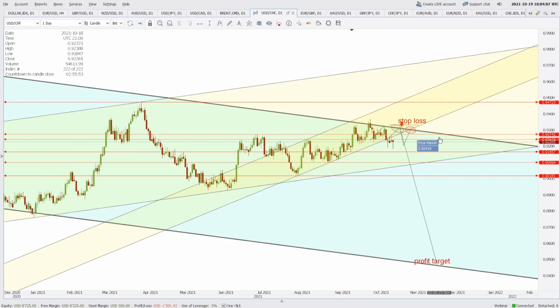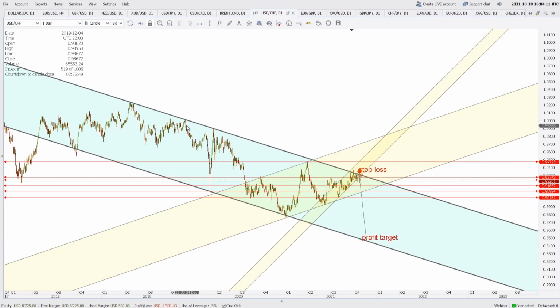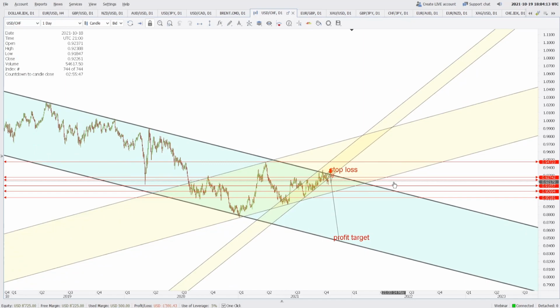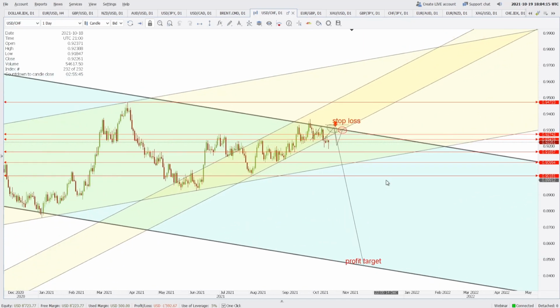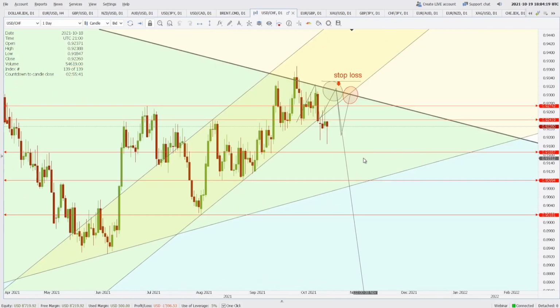USDCHF, you remember, USDCHF in the long run is a falling market, but now it seems like the US dollar is giving way to the CHF, and the CHF has strengthened so much that this uptrending market is trying to give way.